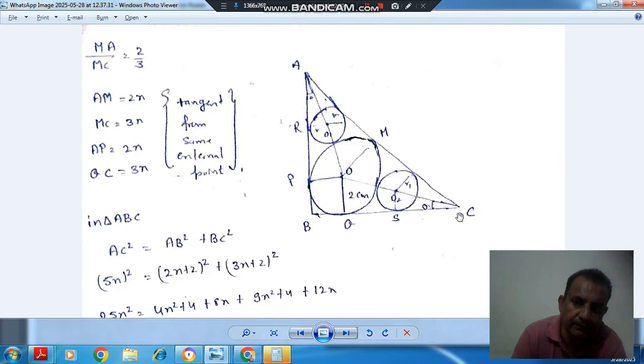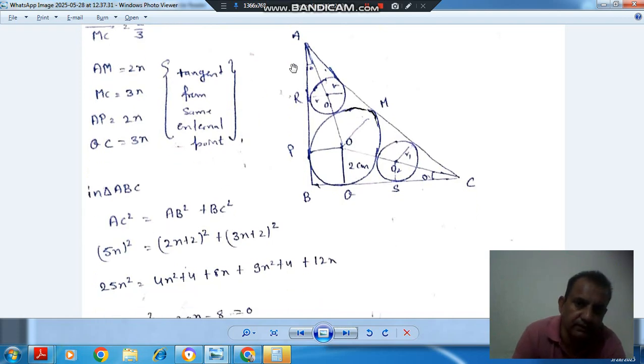Similarly, C is also an external point to this circle, and from this point the tangents are CM and CQ. These tangents will also be equal, so QC will be 3x because MC is 3x. Now if we consider triangle ABC, we can apply the Pythagoras theorem here. AC square will be equal to AB square plus BC square, because this is a right angle triangle.